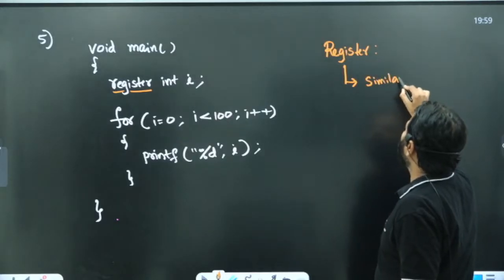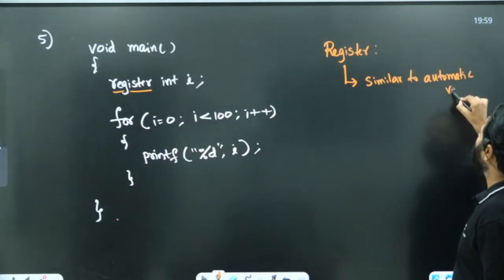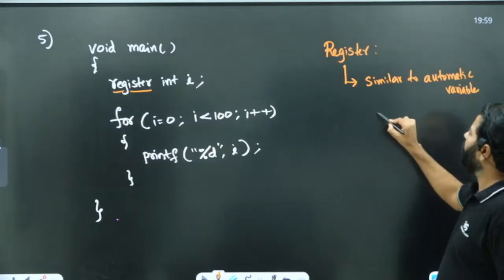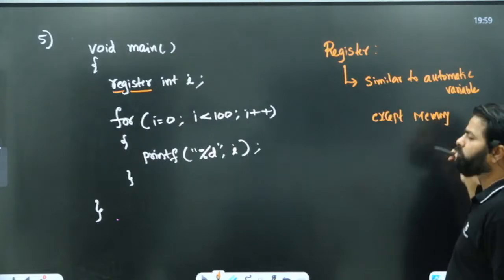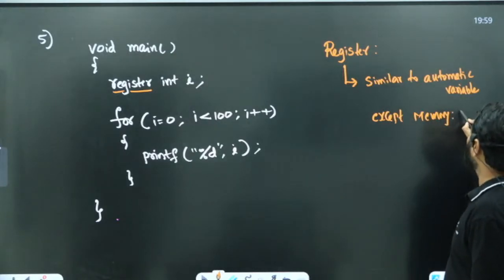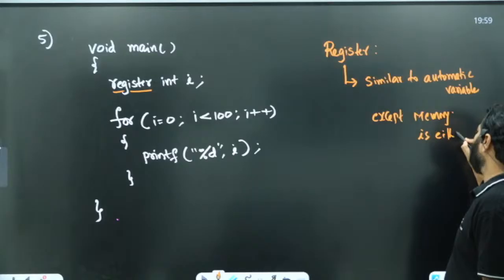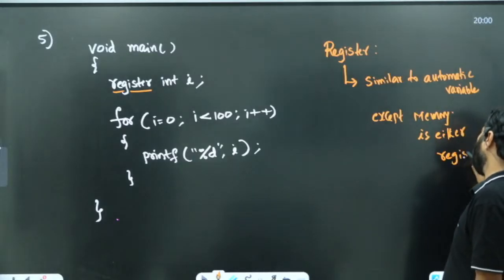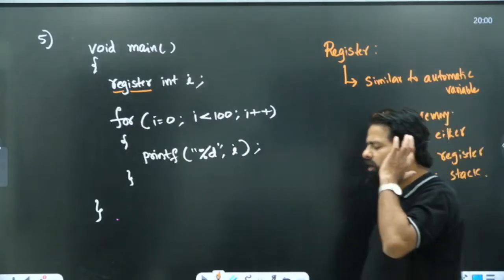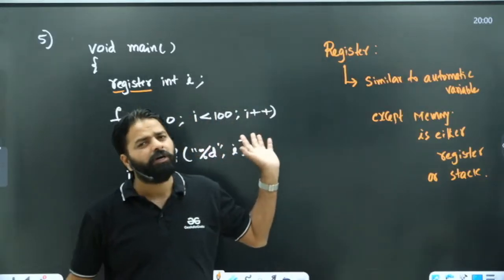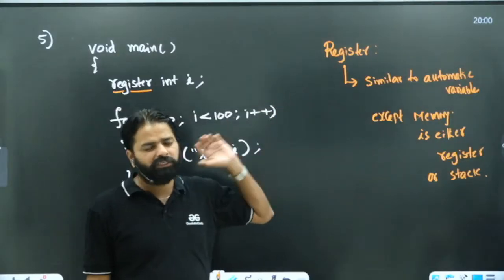It is similar to a block variable, similar to an automatic variable, except the storage allotted can be either register or stack, depending on the availability of registers. If registers are not available, you can't force it, the compiler will never force the operating system to give a register. Okay, this is a feature of the C language, the register storage class.